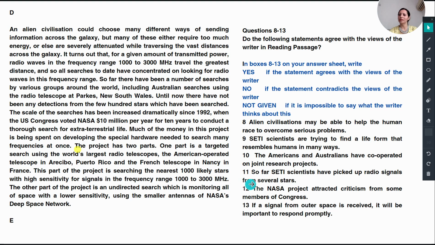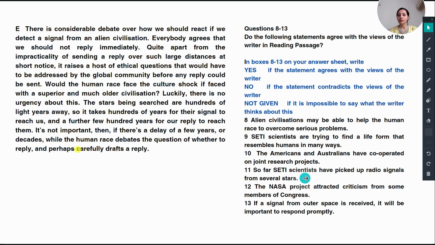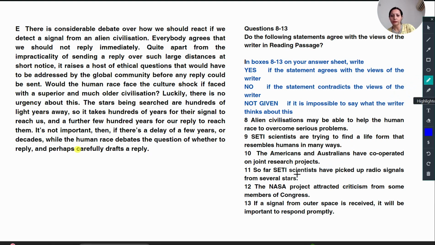So it means the answer is no. They have not received anything here. Okay, so I will just write here no answer. For 11th also we will just write no. Okay, so I'm learning it, so sorry about it.